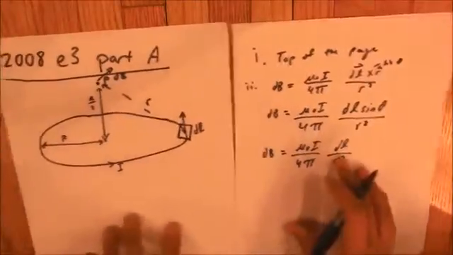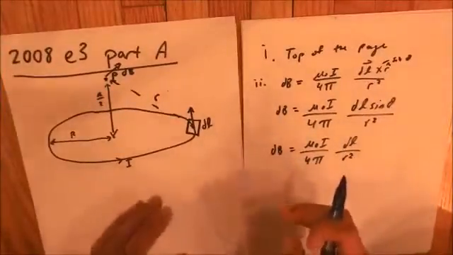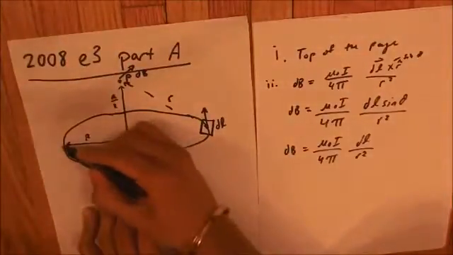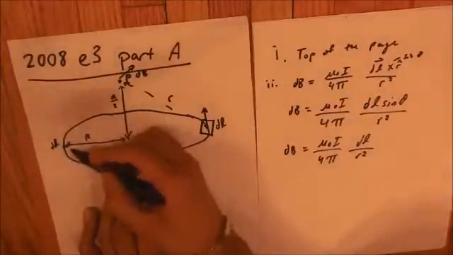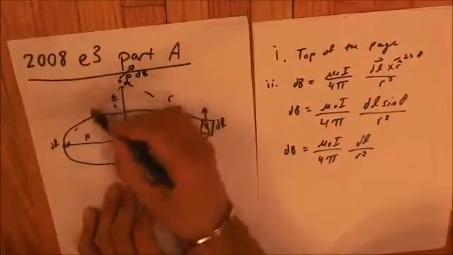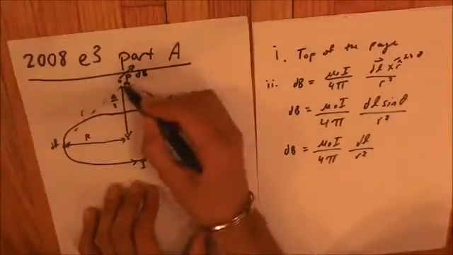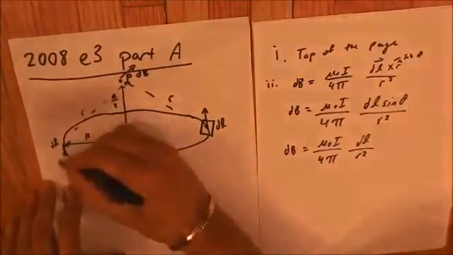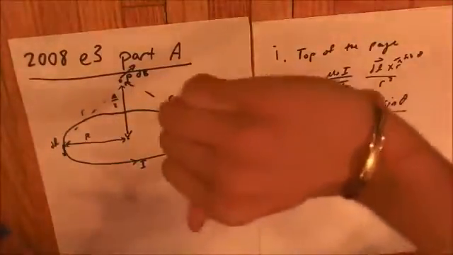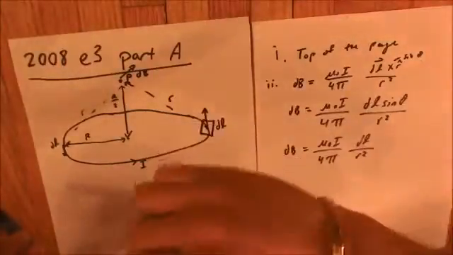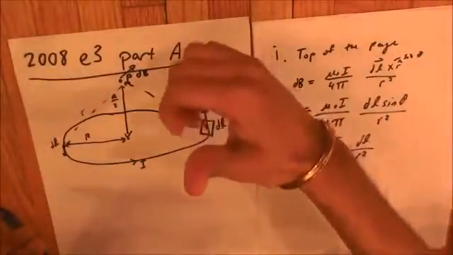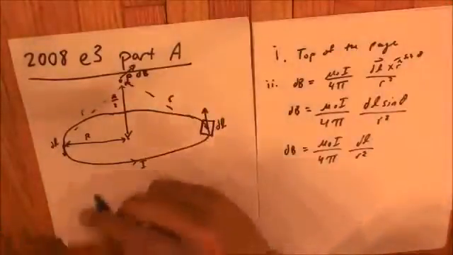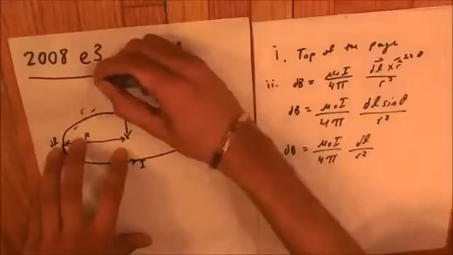So now we're going to look back at the diagram. If we take the dL on this side, and we take the R value, then dL is in this direction, coming out of the page, and R is in this direction, which means that dB is going towards the top of the page in this direction.